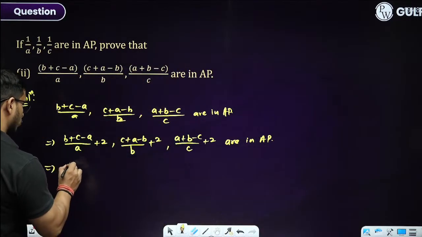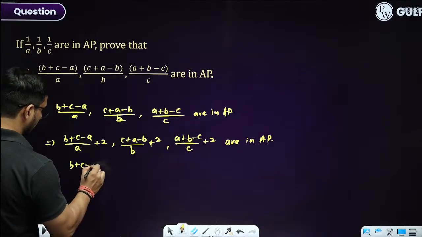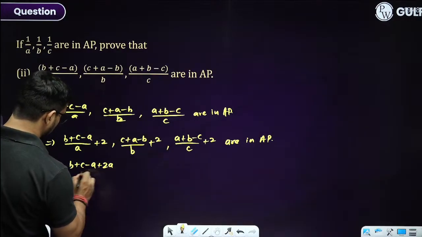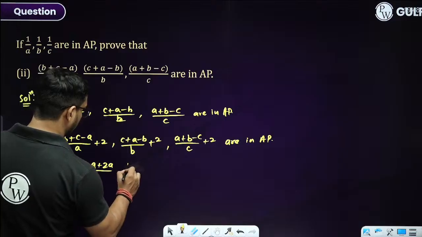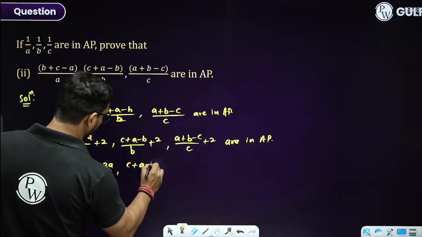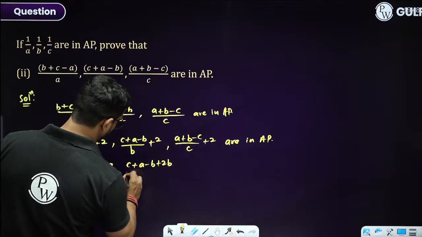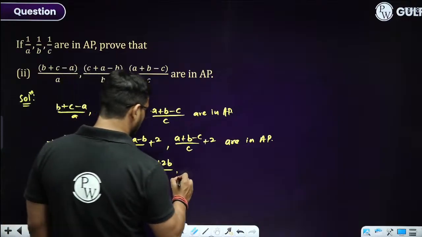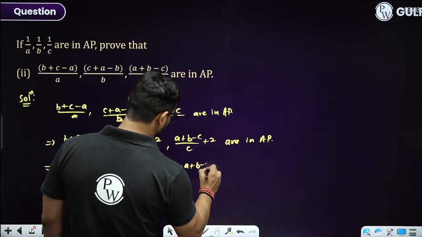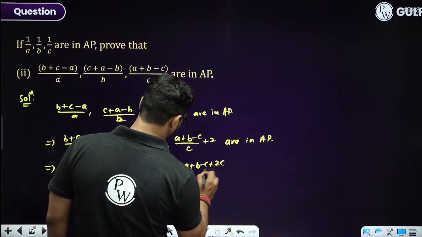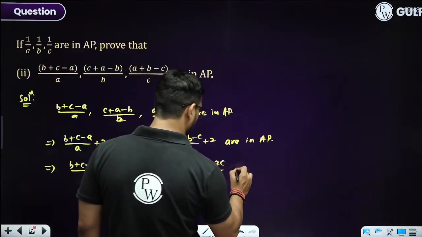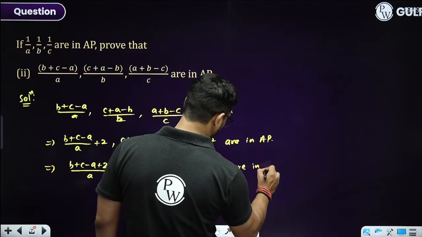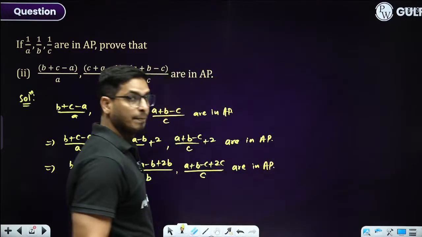So it should give us (B plus C minus A plus 2A) by A, (C plus A minus B plus 2B) by B, (A plus B minus C plus 2C) by C are in AP.